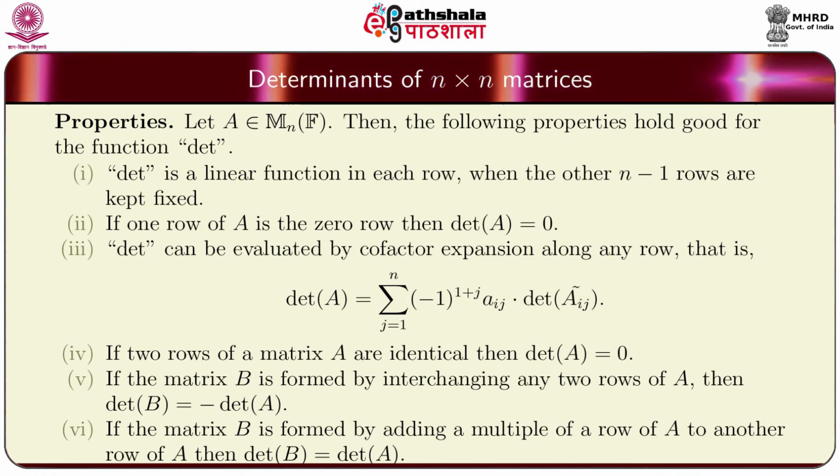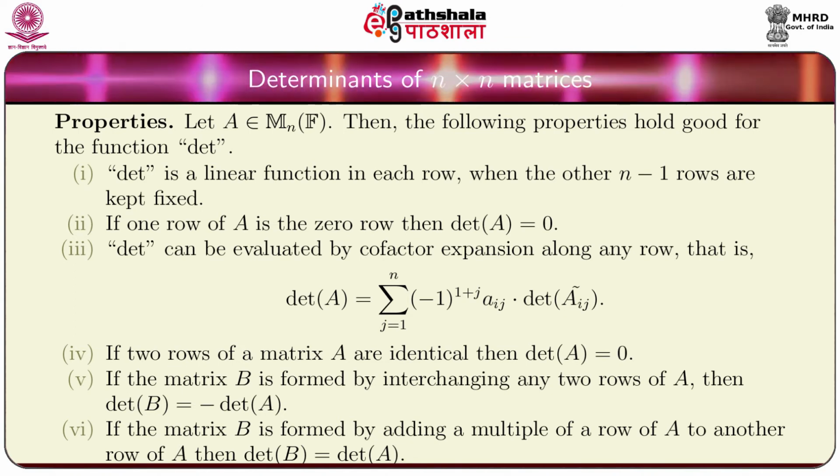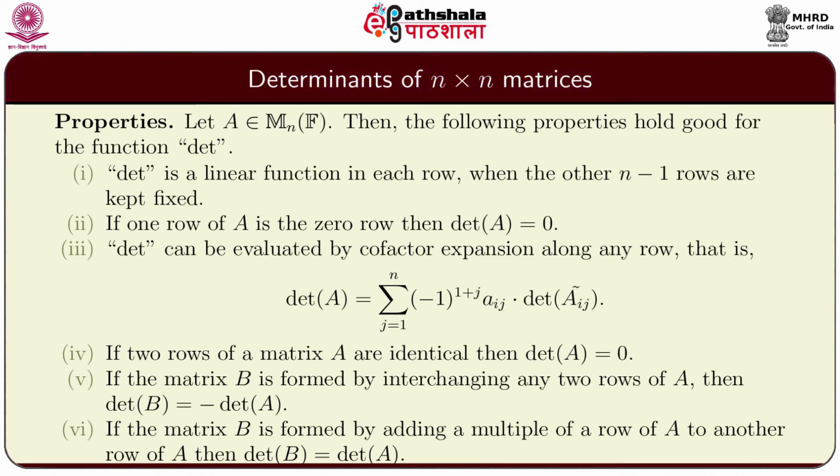So, you can see that this expression is the Laplace expansion or the cofactor expansion along the ith row. Our definition was with respect to the first row, but now it can be proved that the same det can be evaluated as a cofactor expansion with respect to any one of the n rows, and gives the same result.